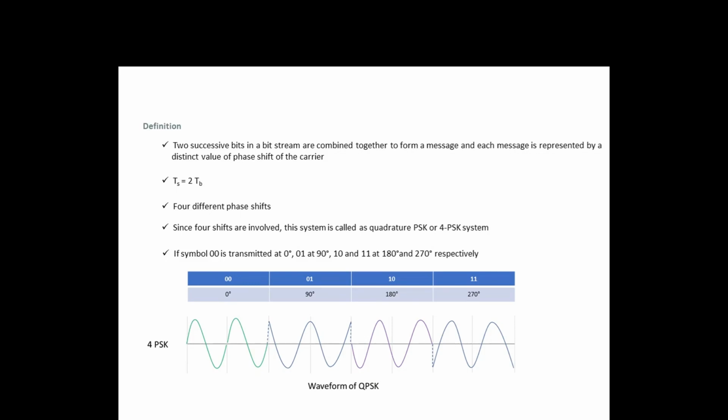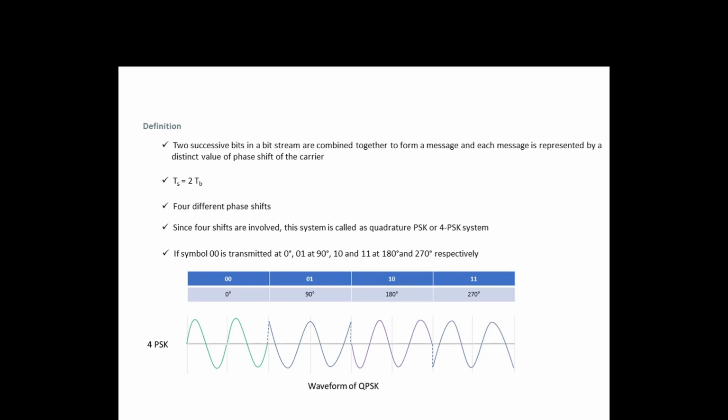We have two successive bits, whether it may be 0 0, 0 1, 1 1 or 1 0. So we have four different inputs. To represent four different inputs, we are going to use four different phase shifts. Here we are using two successive bits, right? So the symbol duration TS can be represented as 2 bits, that is 2 TB.